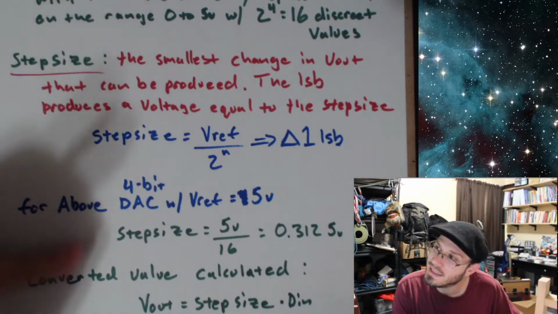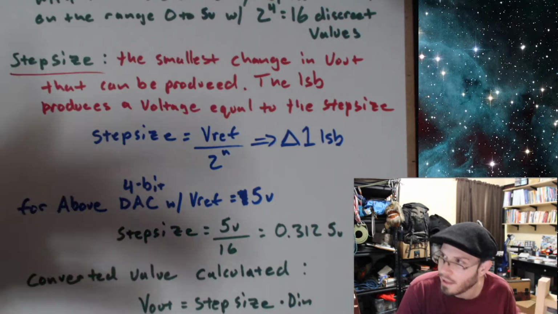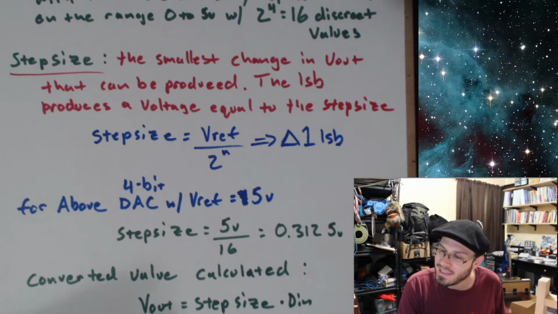But let's go ahead and set up a table for a 4-bit digital to analog converter and see what those values should be on the output. I think that'll kind of put this whole picture together.